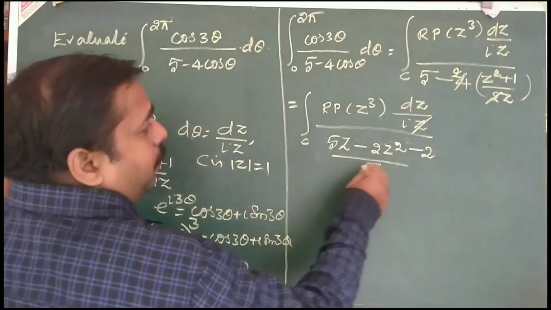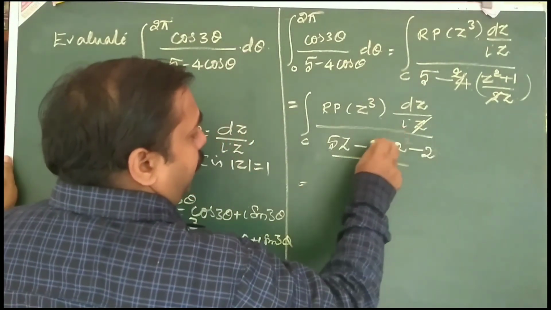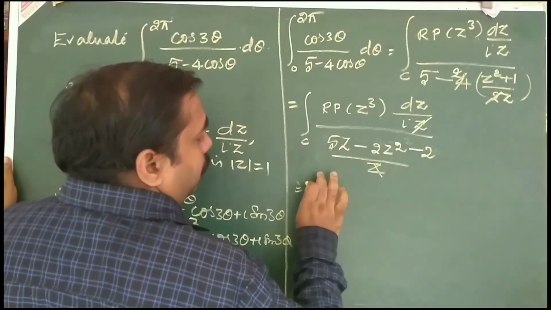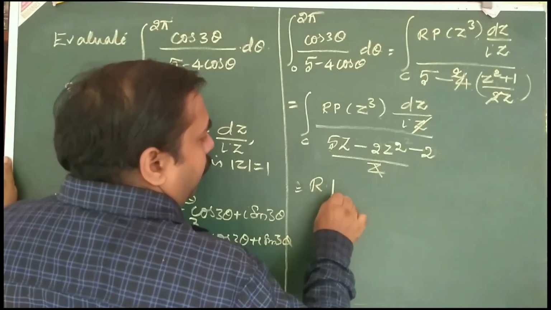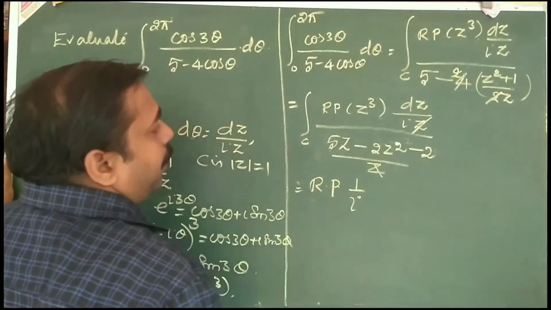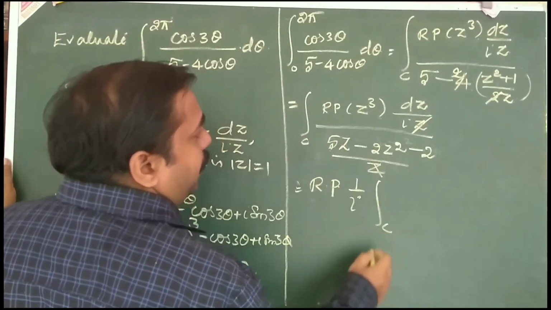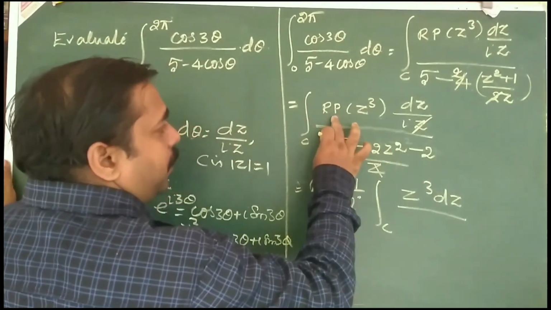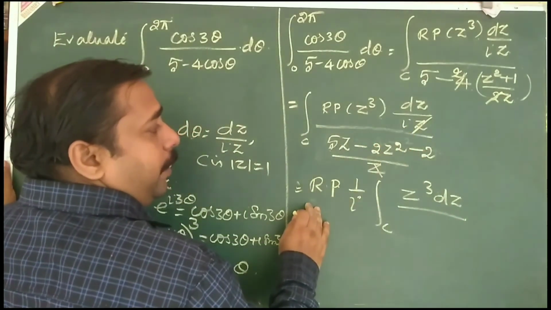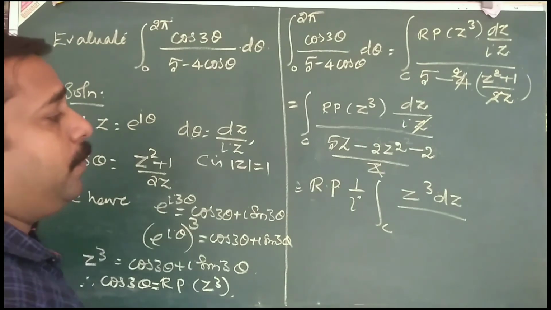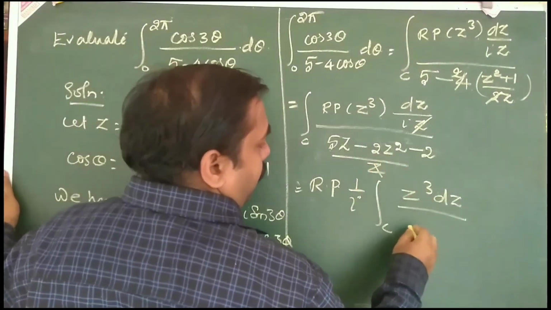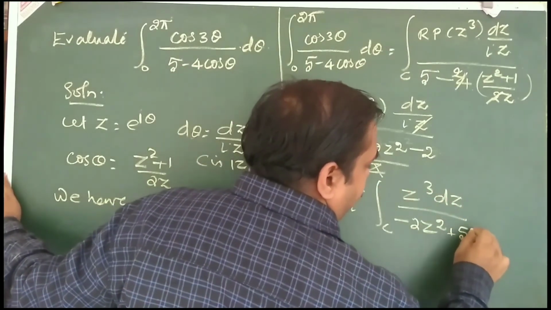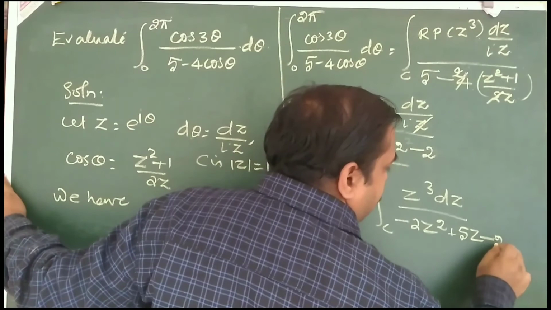So this is equal to 1 by i into the real part of the integral over C of z cube dz by the denominator. This i we can take outside of the integration. So first you write z square, that is minus 2 z square, then plus 5z minus 2.